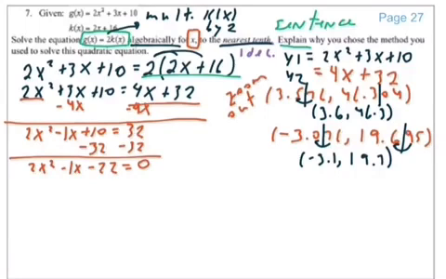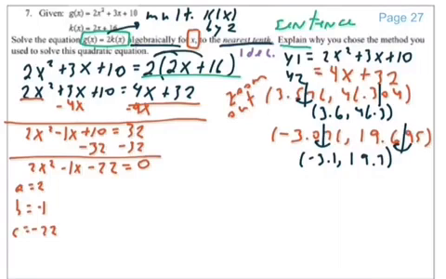Now, since the question is telling you to solve it to the nearest tenth, that's a hint that this is not going to be able to be factored. So you're going to want to use the quadratic formula. So a equals 2, b equals -1, and c equals -22.